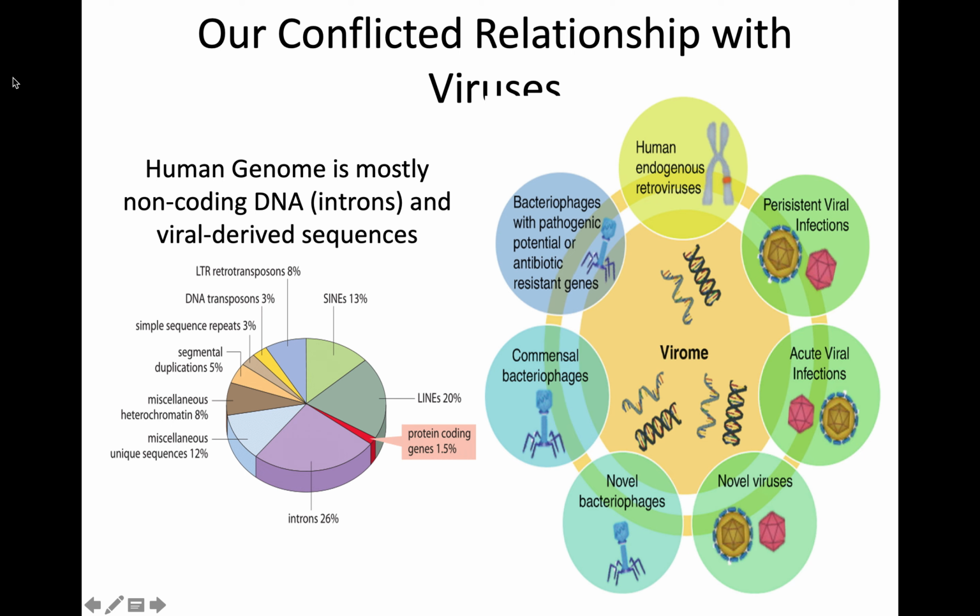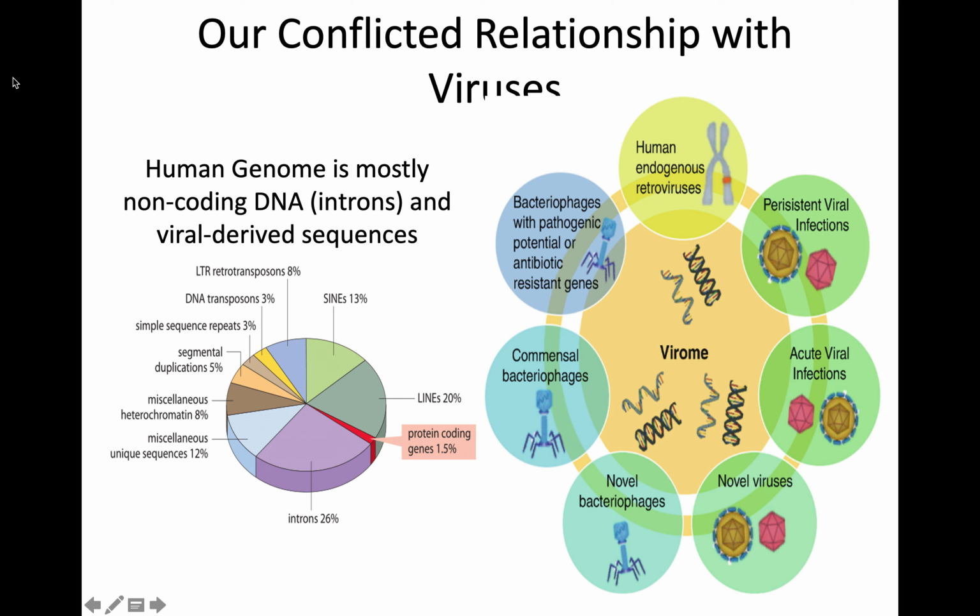But we are finding out more and more that with viruses it isn't just black and white, because we have found that remnants or little sequences of DNA that belong to viruses are actually a part of our human genome.